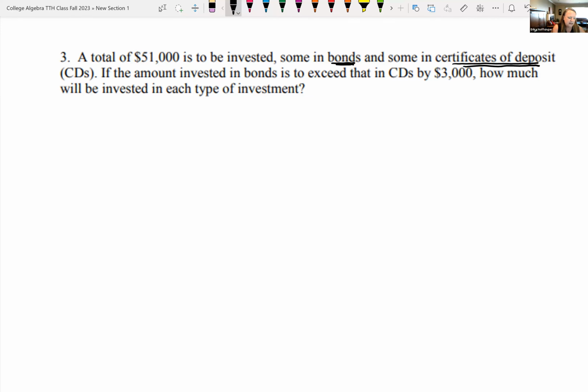If the amount invested in the bonds is to exceed the CDs by 3,000. So let's say X equals the amount invested in CDs.